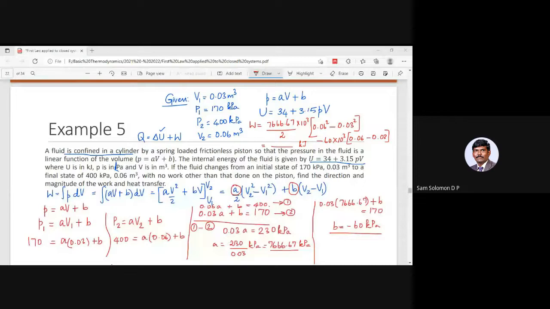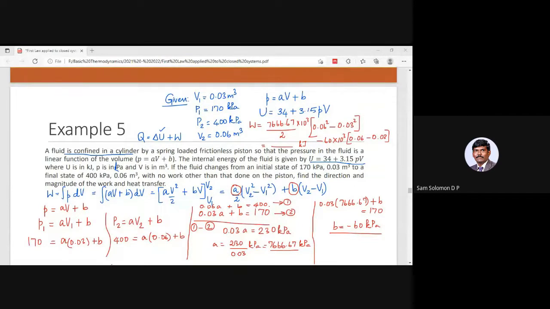Okay. So if you can check that, 0.06 squared minus 0.03 squared, that is this much.